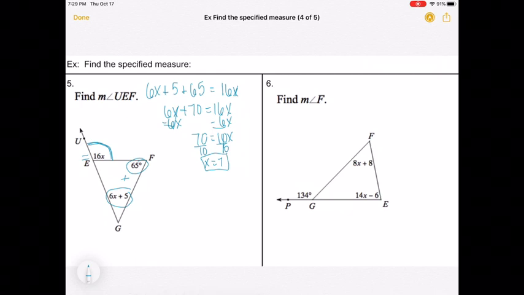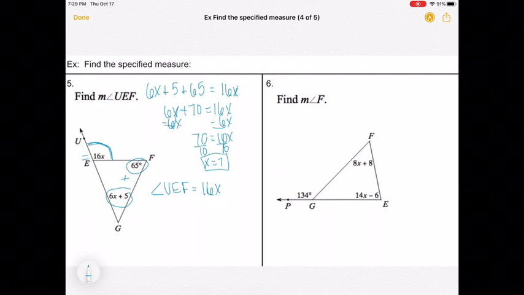Okay, so we should have got x equals 7, but on a test or quiz, that answer would not be right because we have to plug back in. So I'm going to say angle UEF equals 16x because that's what that gave us in the problem. I'm writing it like this because when we get to proofs, this is how you'll want to write it, actually writing out specifically what it says, okay?